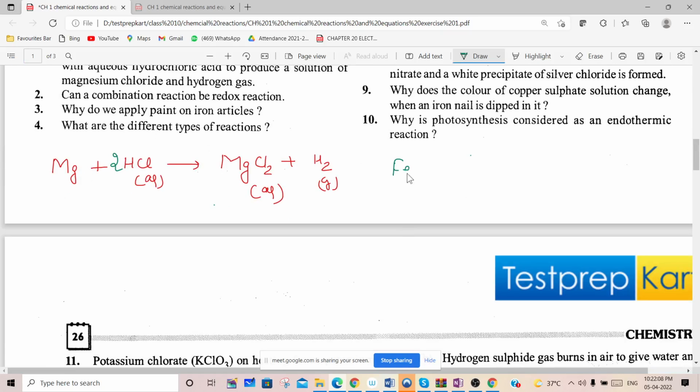It means iron plus copper sulfate here. It will form ferrous sulfate plus copper. The blue colour of the copper sulfate will change to green colour. That you have to remember. Write the chemical equation.